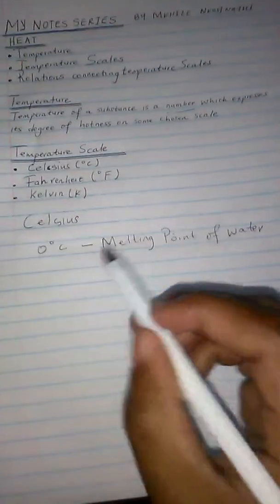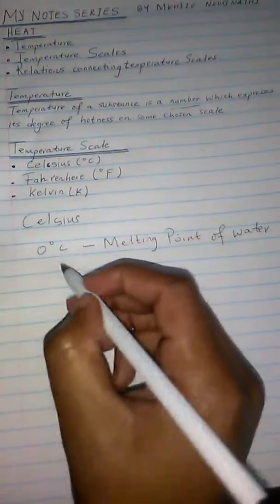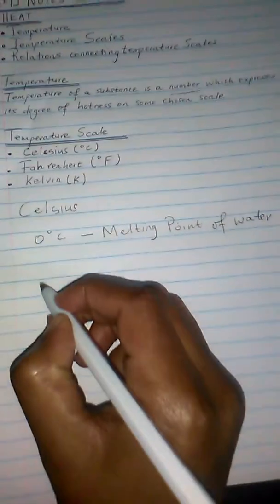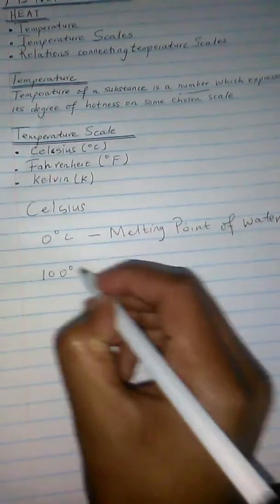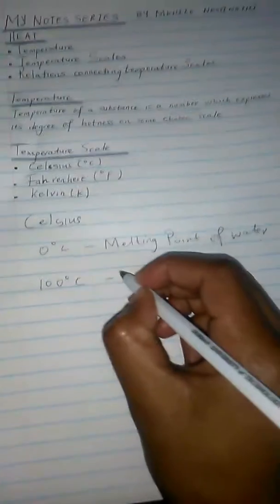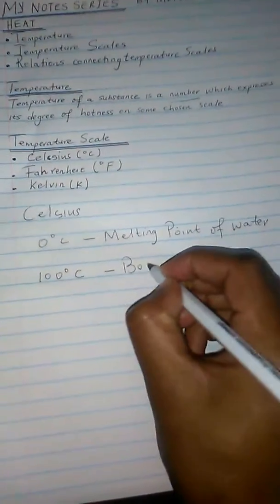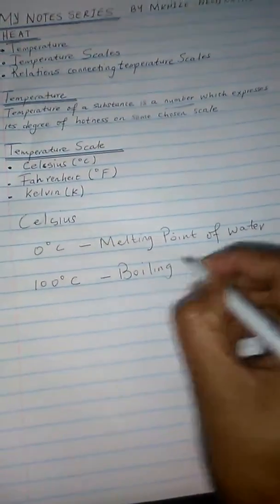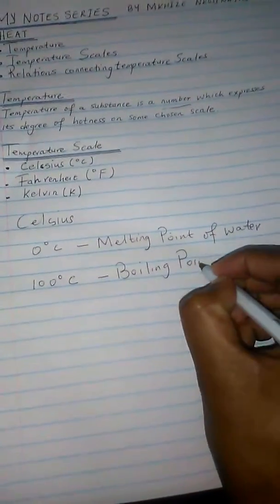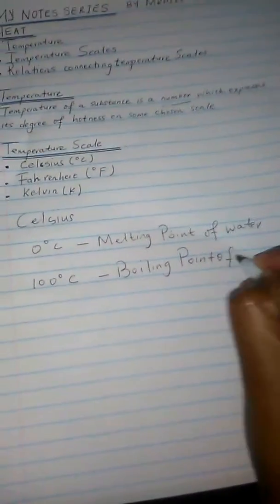This is not just any melting point, but it is the melting point of water. So now that we have defined that, we know of another point which is 100 degrees Celsius, which is defined as the boiling point of water.